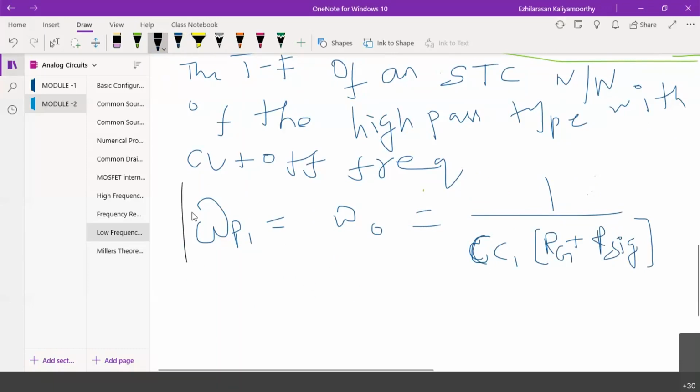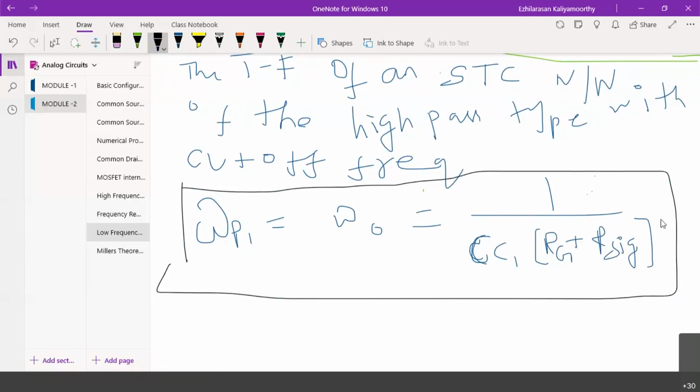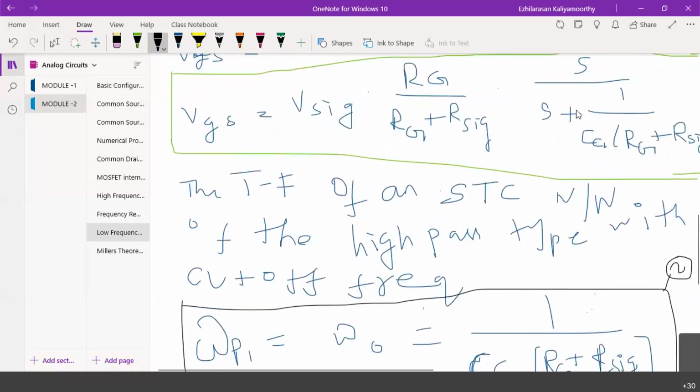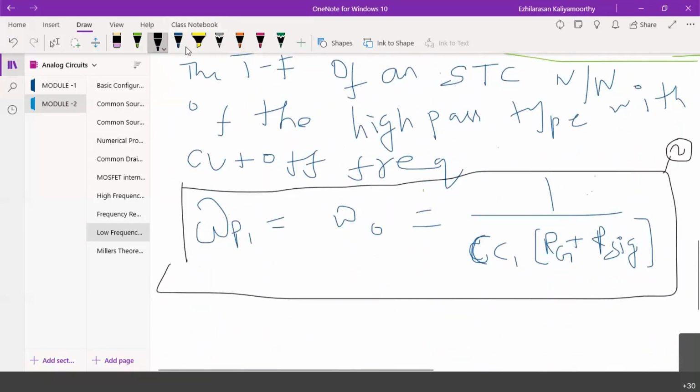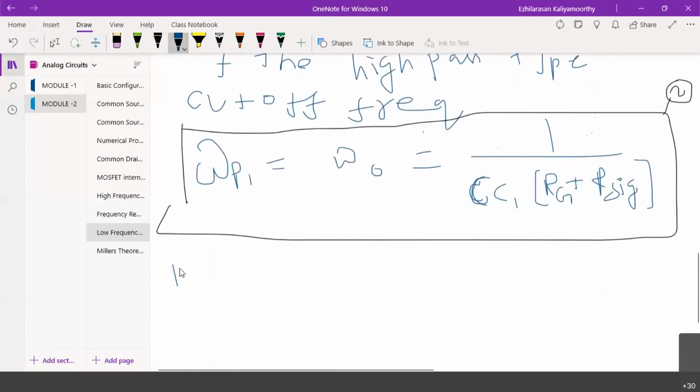Now this is nothing but omega P1. This is equation number 2, keep it in your mind. So this will become like this.